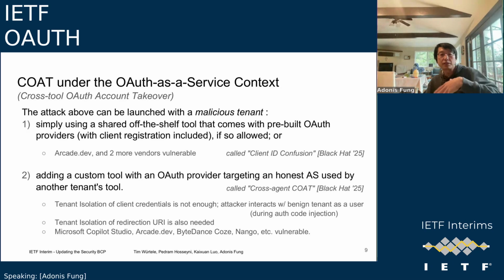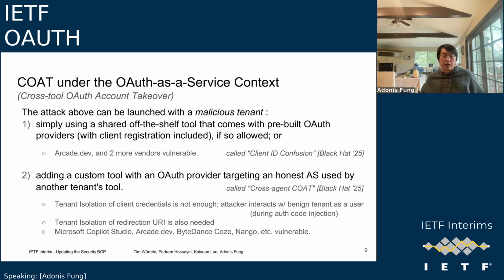In our previous presentation at Black Hat 25, we called them cross-agent code injection, which is about tenant isolation. When we talked to the engineers from these vulnerable companies, they didn't even realize that was a thing. They thought they had some sort of tenant isolation that makes sure a tool can only access the auth provider built by the same owner. What could the problem be?